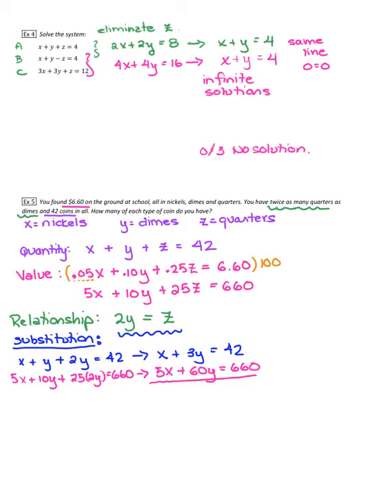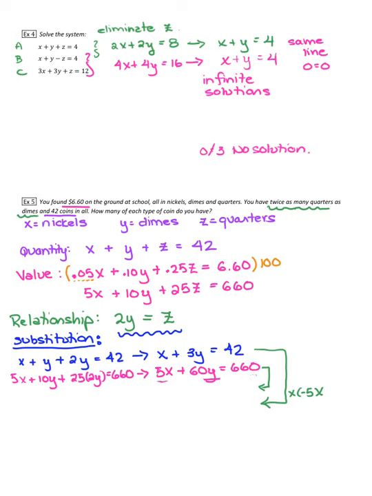Okay, so I'm solving now a 2 by 2. We brought it down to that by doing our substitution. So what I think I'm going to do is leave this equation as is, and the top equation I'm going to multiply everything by -5.